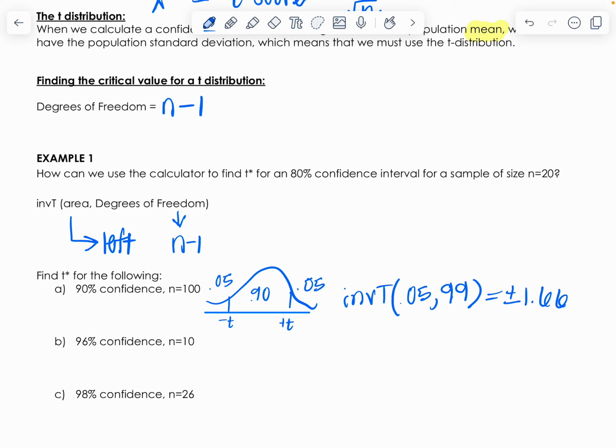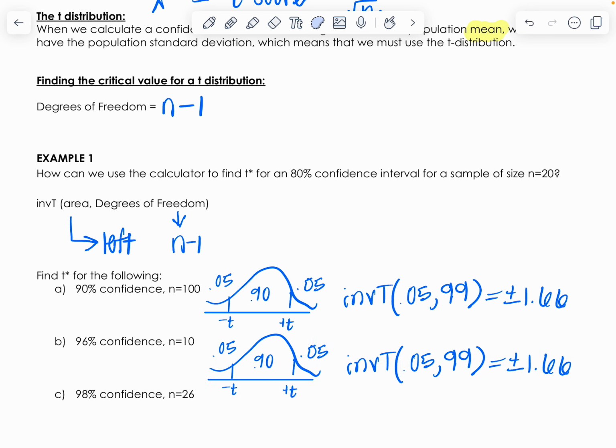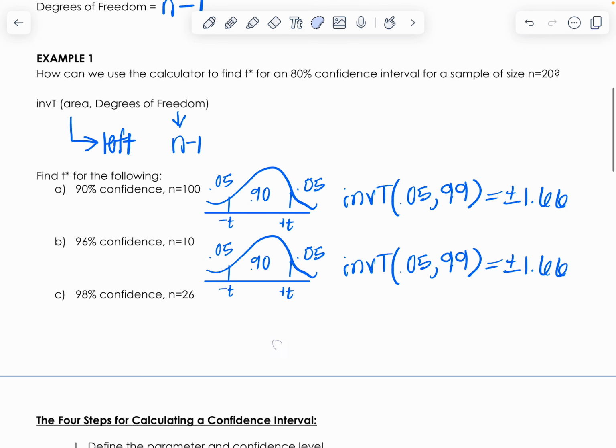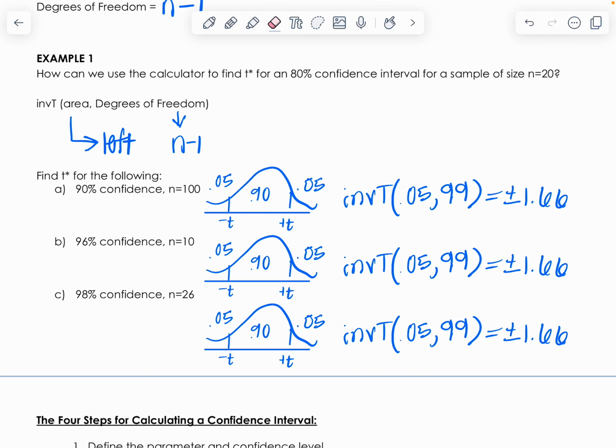All right, so I'm just going to carbon copy this, paste it 2 more times because we're just going to repeat the process to practice. Okay, so in this second example, we are doing a 96% confidence interval. Sorry, I'll clear all this out for us first.